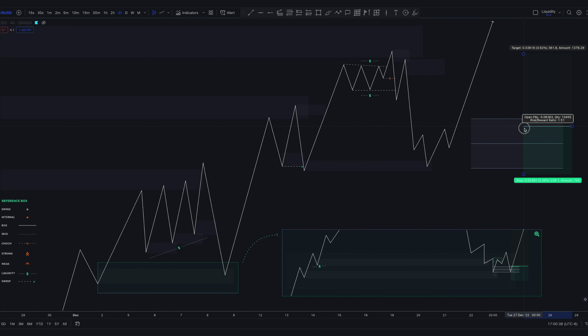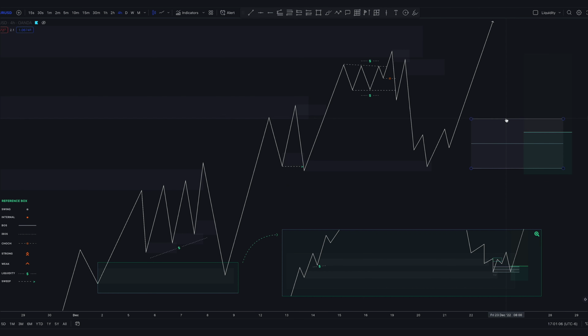Because sometimes if you want to enter down here, price would come here, maybe mitigate just the edge and go without you. And because you wanted to squeeze more profit, making the stop loss a little smaller, you weren't triggered on this trade. Okay, so that's the downside about trying to change this.